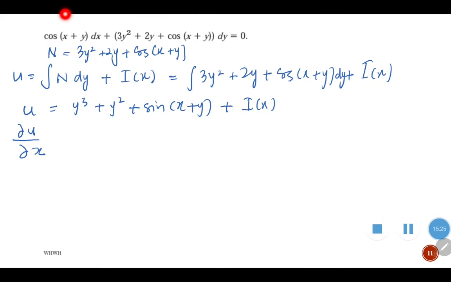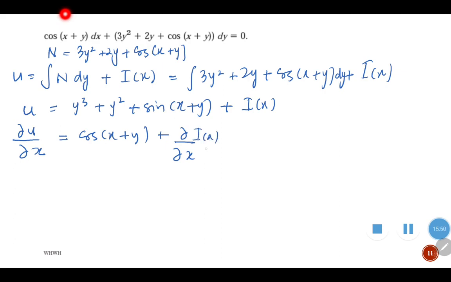You need to differentiate this with respect to x. Del u over del x. So, differentiate y cube, definitely 0. Differentiate y square, definitely 0. Differentiate sin x plus y, you will get cos x plus y. And differentiate I x, you get del over del x I x.